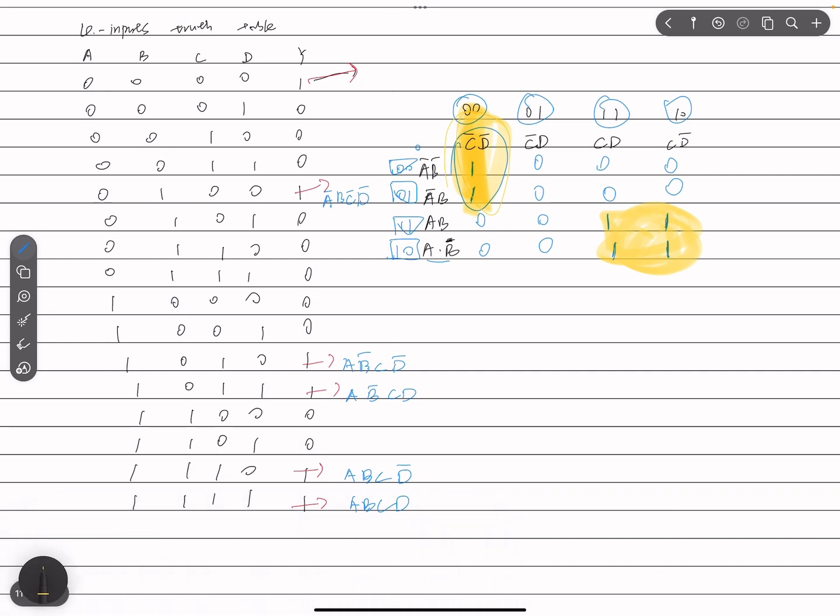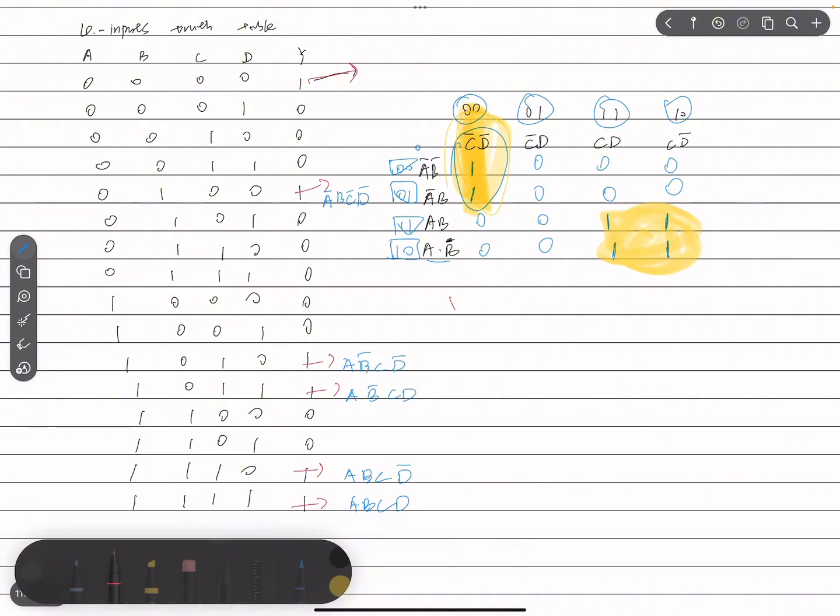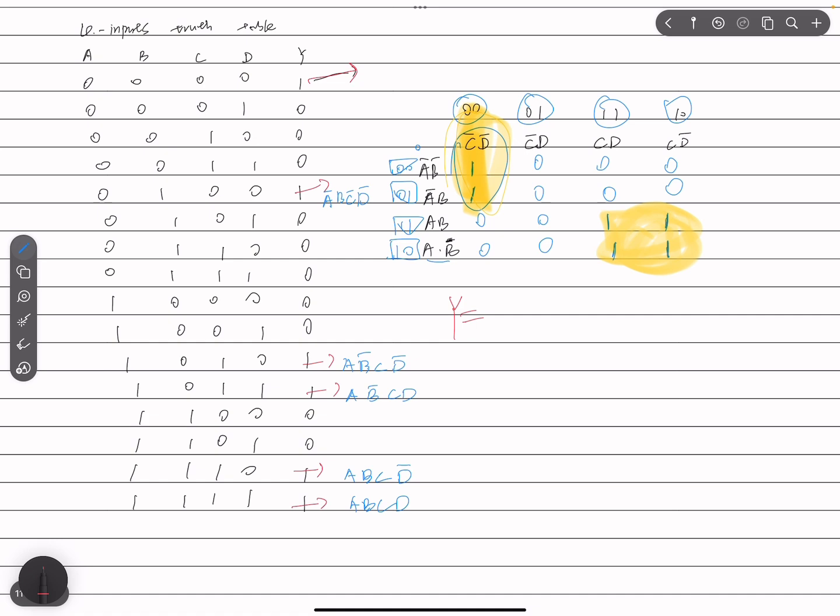So for our final Y, from here the common factor is A bar. So we have A bar, and on this one, C bar, D bar. These others are 0, so we don't even look at them, we only look at these 4 and their common factor. It's A bar, C bar, D bar.